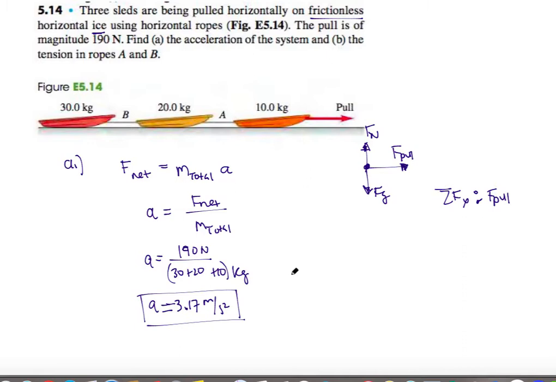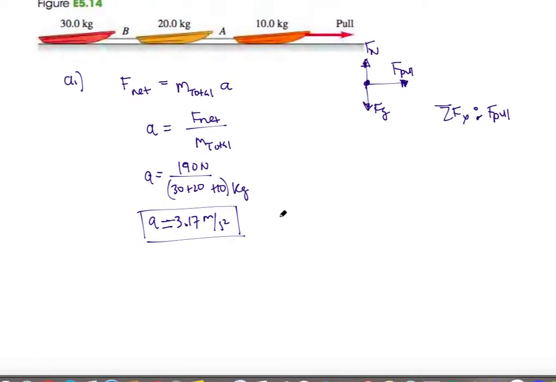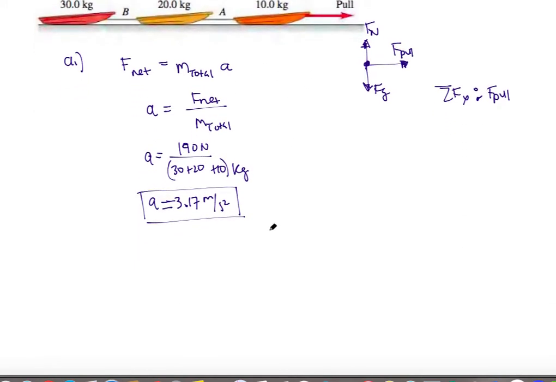Now B says find the tensions in ropes A and B. So the way that we're going to do this is we're going to draw three separate free body diagrams. So I'm going to start with the 10 kilogram boat. So I have force pull, then I have a normal and a gravity, and I don't care about these, but I'm drawing them anyway.